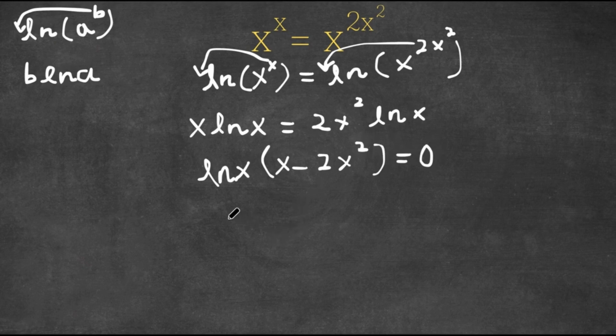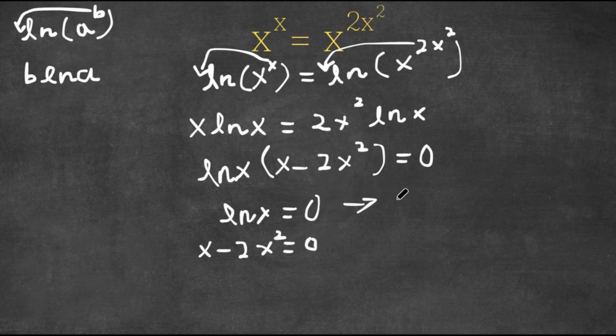And now this gives me two equations. ln of x equals 0, as well as x minus 2x squared is equal to 0. For ln of x equals 0, this means that x is equal to 1.